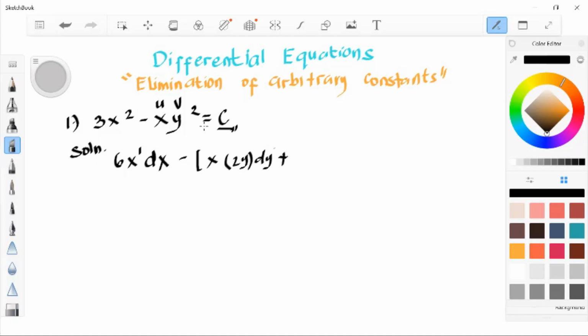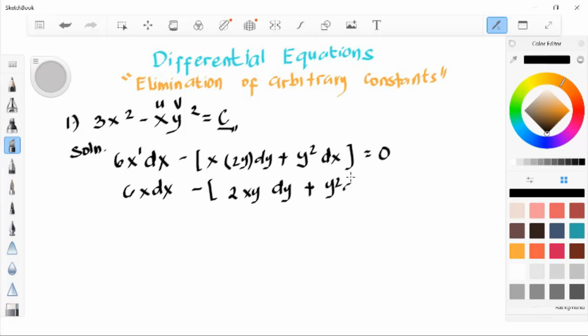Plus copy v, which is y squared, multiplied by the derivative of x, which is dx, and the derivative of a constant will always be 0. So simplify further, this is 6x dx minus 2xy dy plus y squared dx, which is equal to 0.